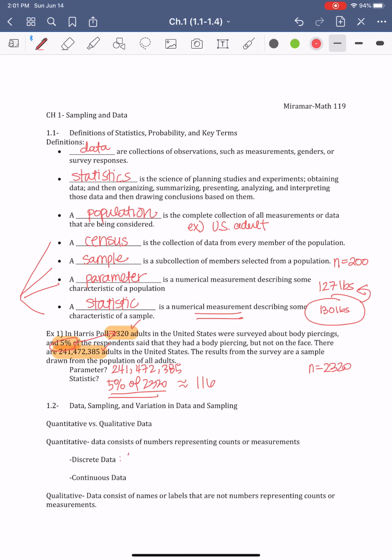Discrete data is finite, countable. Continuous data is infinite, not countable.